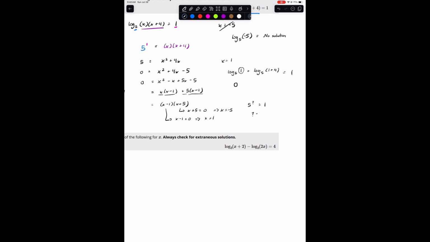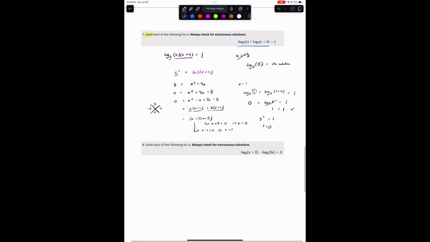That what is 0. And then you have log base 5 of 5. These are the same, so you get 1 equals 1. So our answer is x equals positive 1.